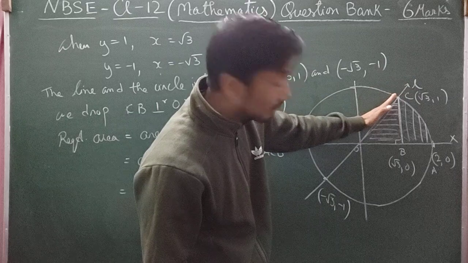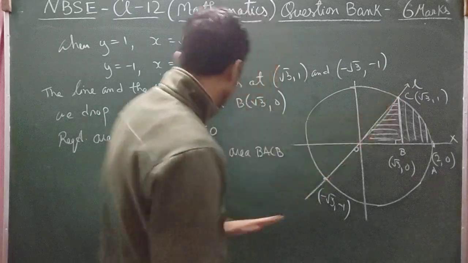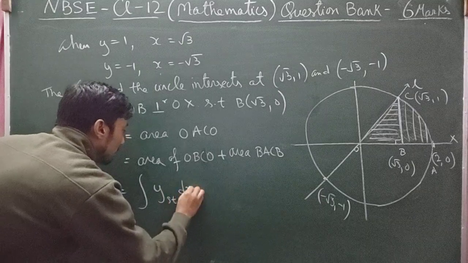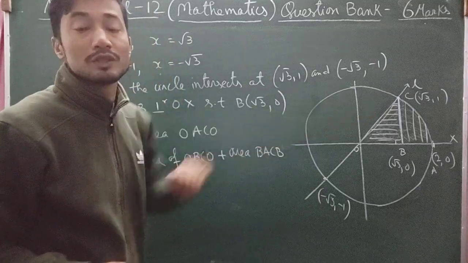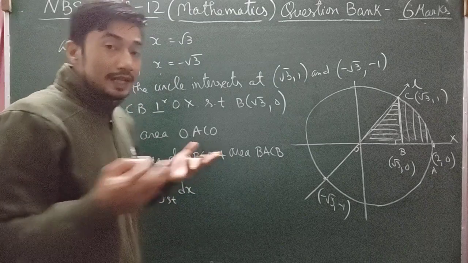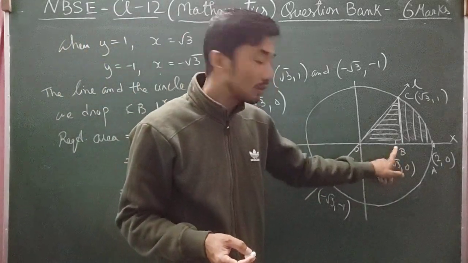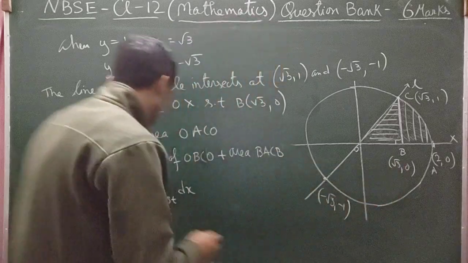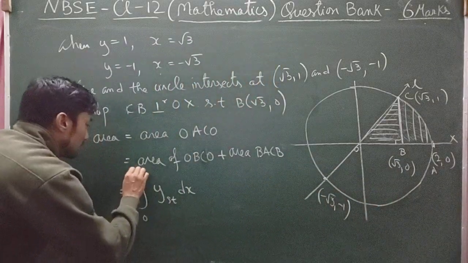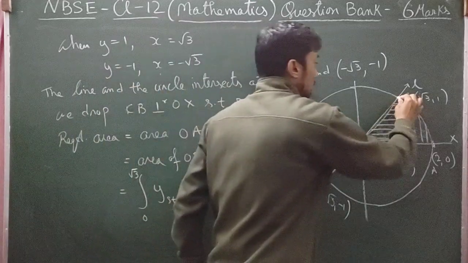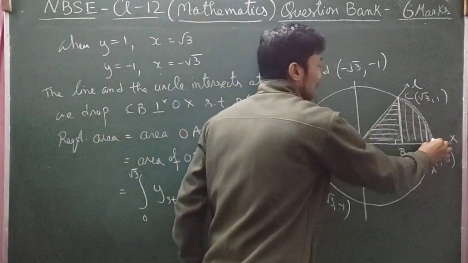So this will be bounded by the straight line with respect to x, since we are doing it with respect to the x-axis. The interval, the limit, goes from 0 to root 3, that's why I dropped the perpendicular, plus the remaining area that is bounded by the circle, this area.